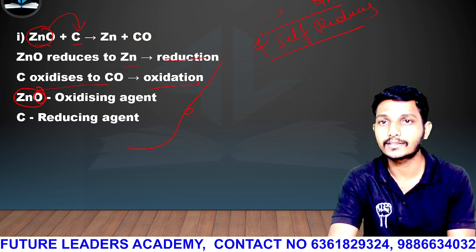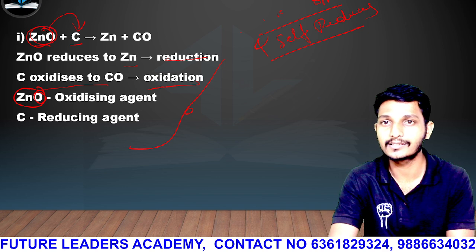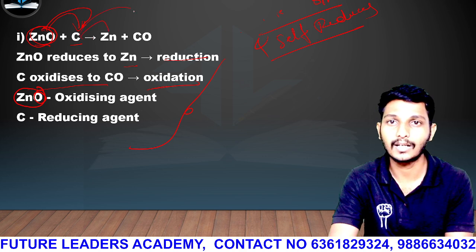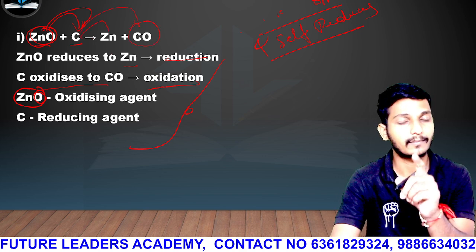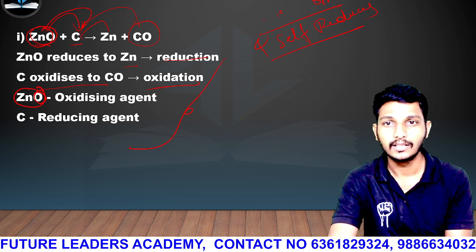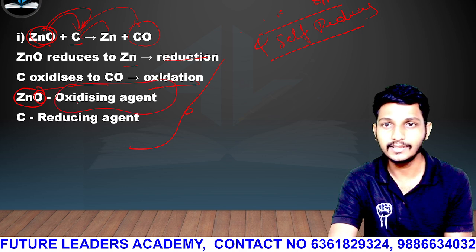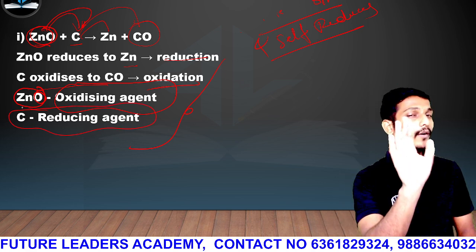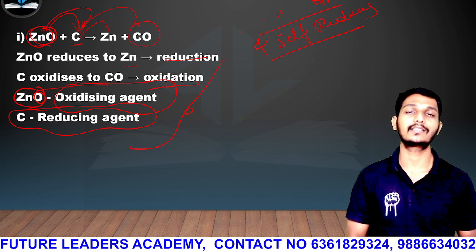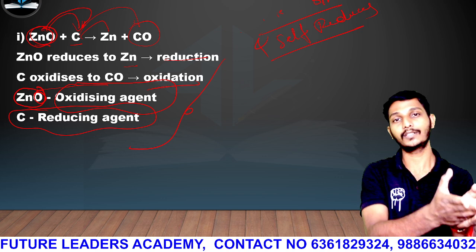Zinc oxide has oxidized the carbon and self-reduced. Carbon has been oxidized to carbon monoxide. Understand? Listen. Oxidizing agent is zinc oxide and carbon is the reducing agent. So you have understood the oxidizing agent, then what exactly is the reducing agent?